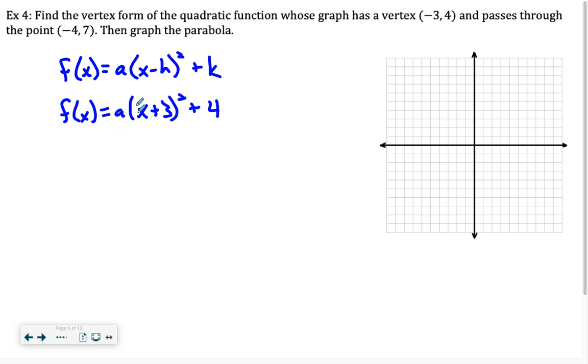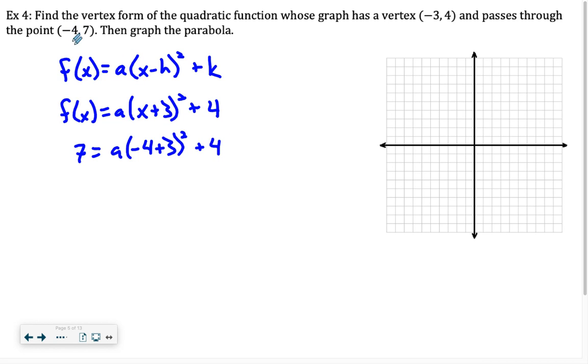But now I still need to figure out what my a would be. To do that, I'm going to use this point that they gave me. I'm going to plug -4 in for x and 7 in for y. F of x is just the same as y. So I'm going to say 7 equals a times -4 plus 3 squared plus 4.